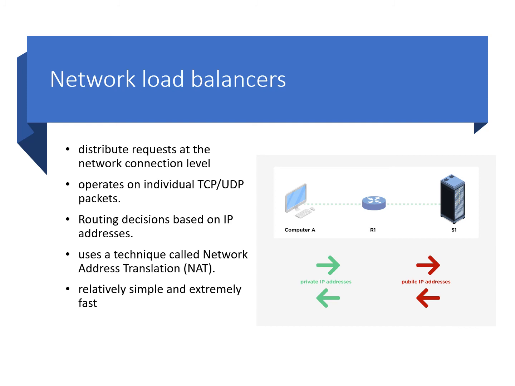When a response is received from the target, the load balancer changes the source address recorded in the packet header from the target's IP address to its own. Network load balancers are relatively simple as they operate on the individual packet level. This means they're extremely fast, as they provide few features beyond just choosing a target service and performing network address translation.